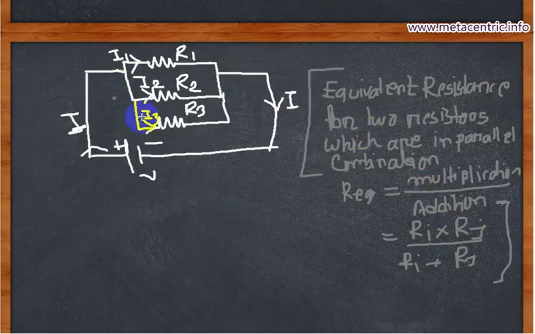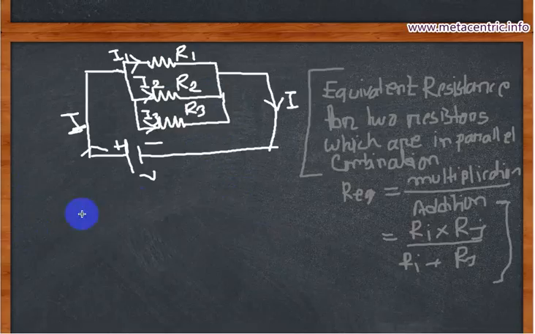So whenever you encounter so many resistors in parallel, first make sure that you make pairs of 2 resistors which can be used to determine the equivalent resistance using that shortcut formula. So in that case, if anyone asks you to calculate the value of I1, that means the current flowing through R1, we need the equivalent resistance of R2 and R3. That means R2 and R3 we can make a pair, right?